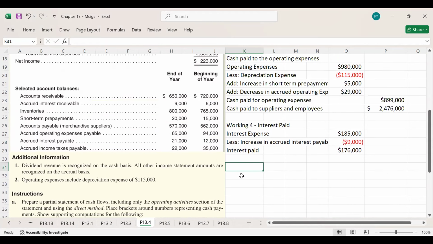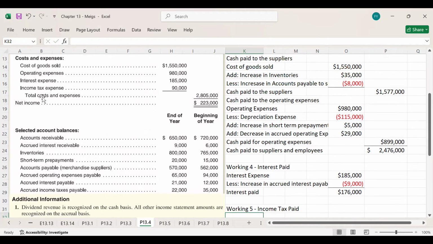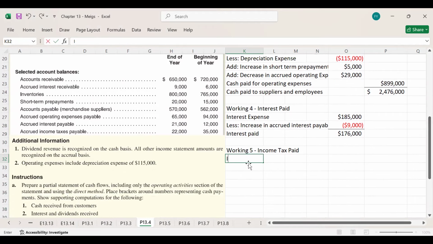So working 5. The income tax which is given is total $90,000, and we are going to adjust any increase or decrease in accrued income tax payable.